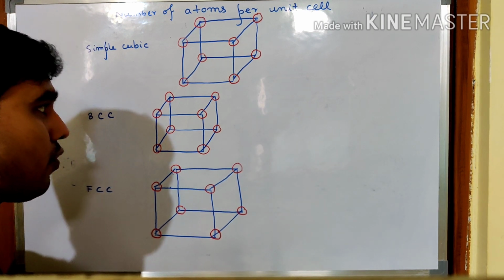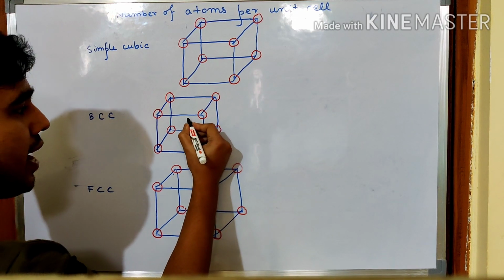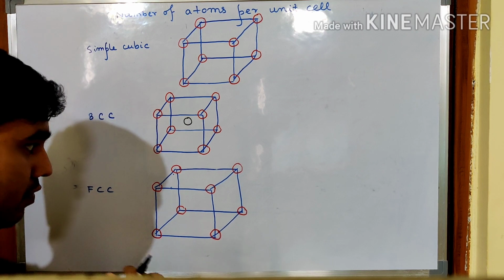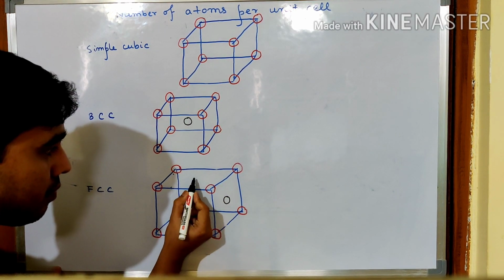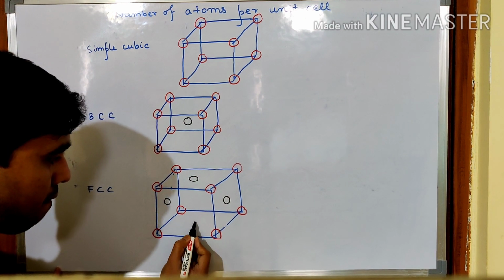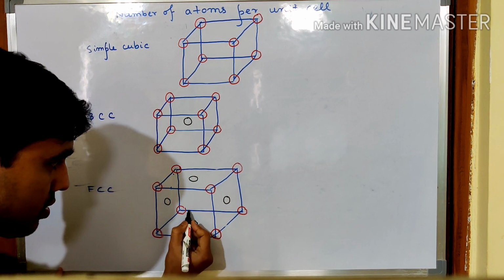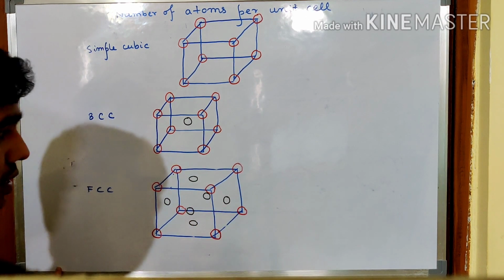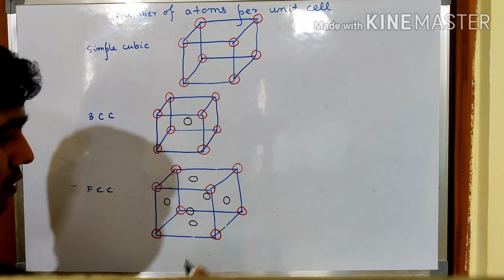In simple cube, we know that these are the only atoms that are present, but in case of BCC, we know at the body center there is another atom. This is the body center atom. And in case of FCC, at the center of each face, 1, 2, 3, 4, these 4, and 1 towards us, that is here, and 1 behind it, that is here. So there are 6 atoms. We have drawn it already.